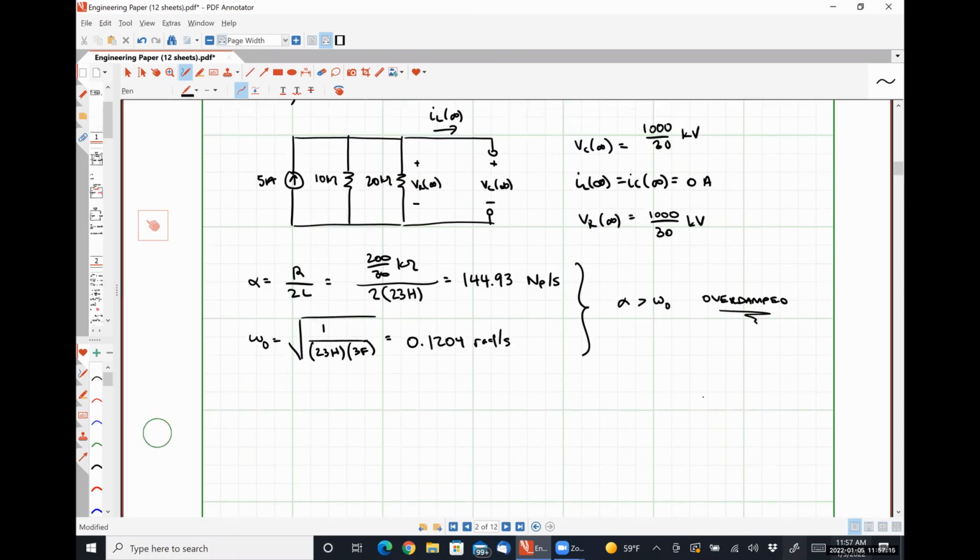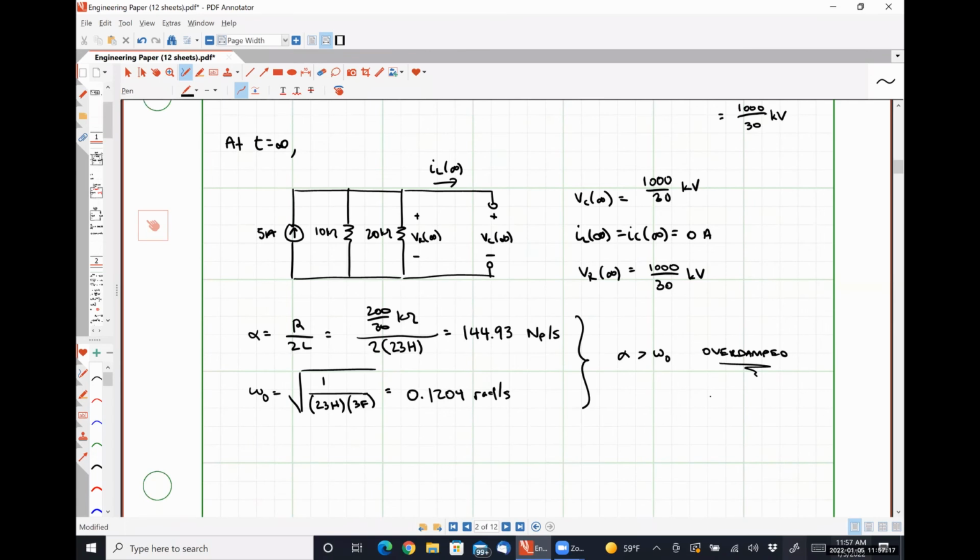Okay, so we found that alpha was 20 kiloohms times 10 kiloohms divided by 30 kiloohms, all divided by 2 times 23. I'm going to store that as variable A.